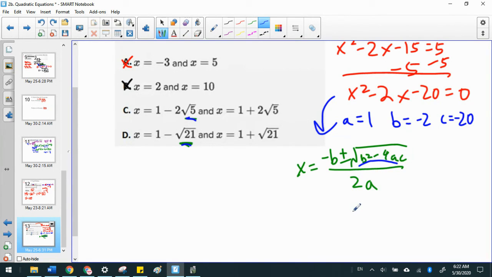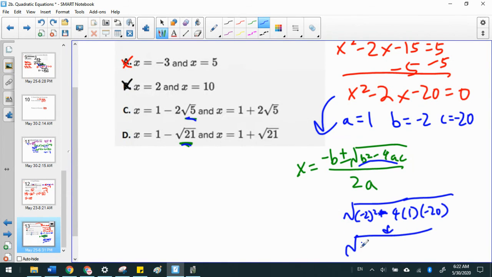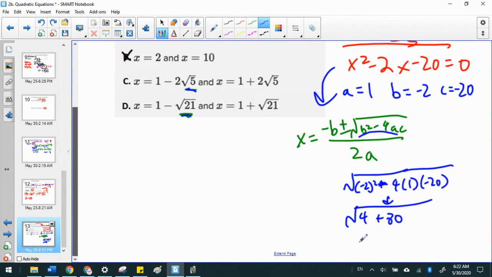So when we plug everything in, we get the square root of -2 squared minus 4 times 1 times -20, also known as the square root of 4 plus 80, which is going to be the square root of 84.